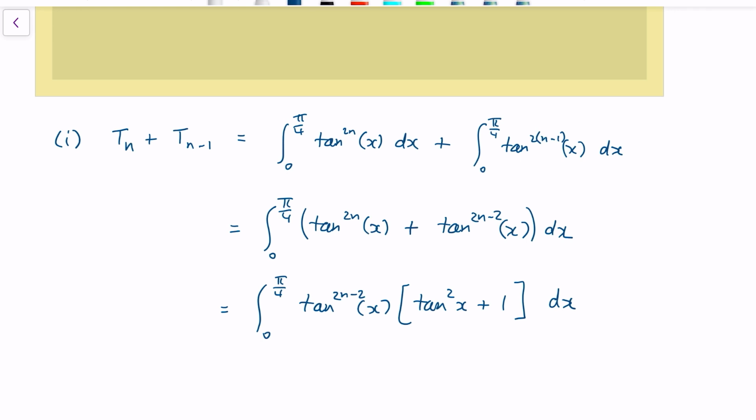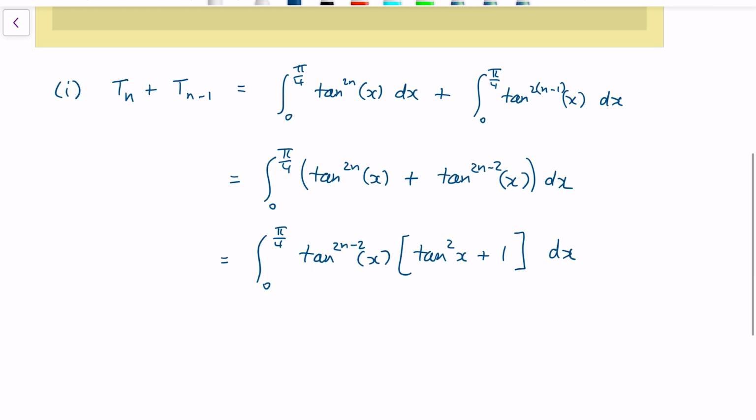Now why is that useful? If we go back to earlier videos in this series, we talked about making substitutions, and when you make a substitution to solve an integral, you want the derivative of the substitution to appear in the problem as well.